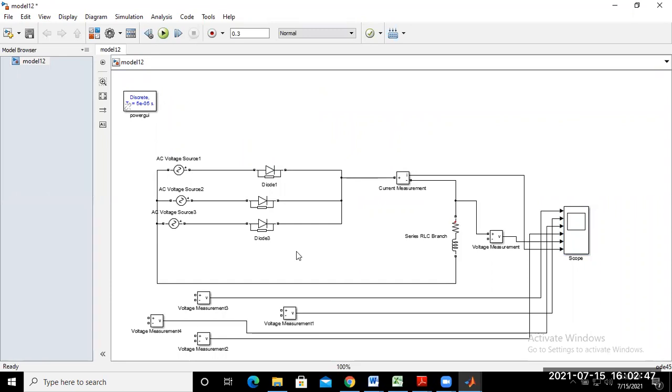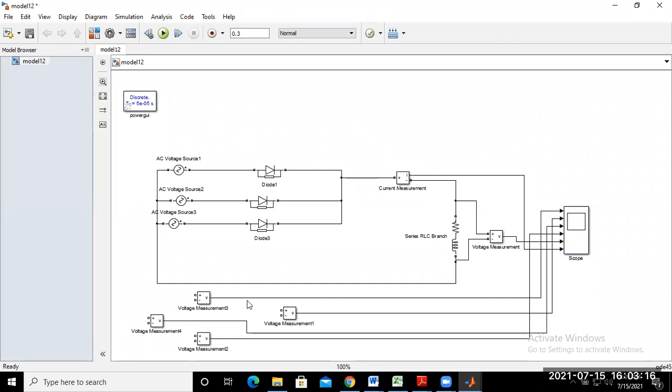So this is the simulation of the single phase, 3 phase half wave uncontrolled rectifier for the RL load. Now connect the output voltmeter from this point to this point.